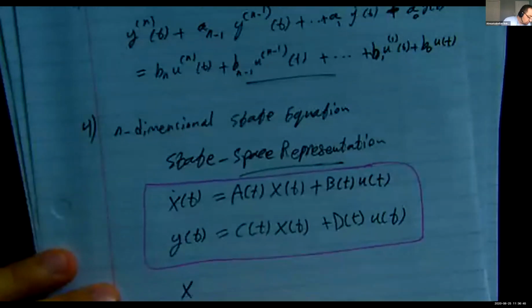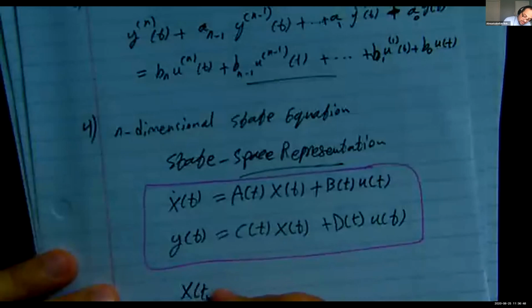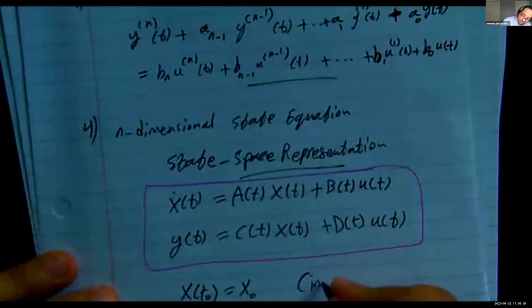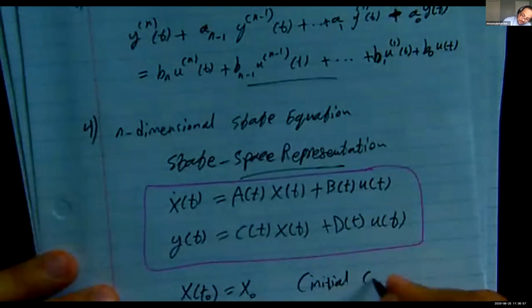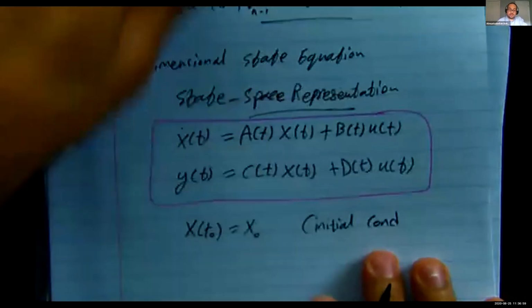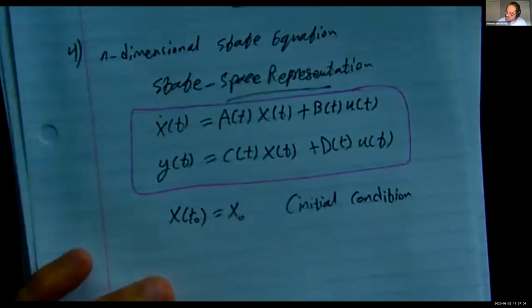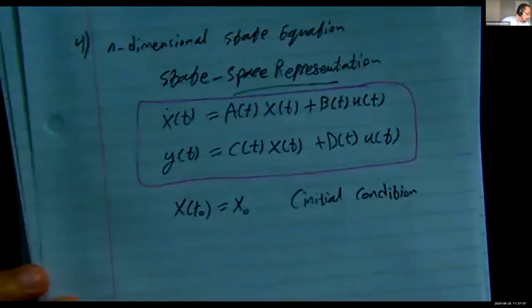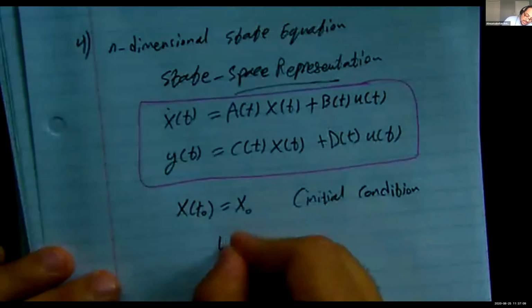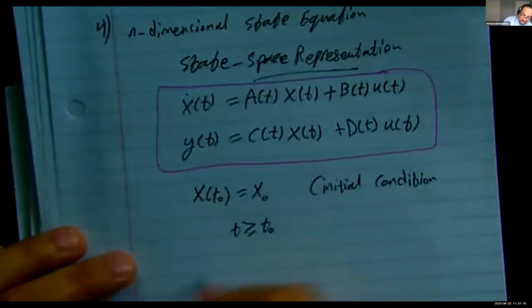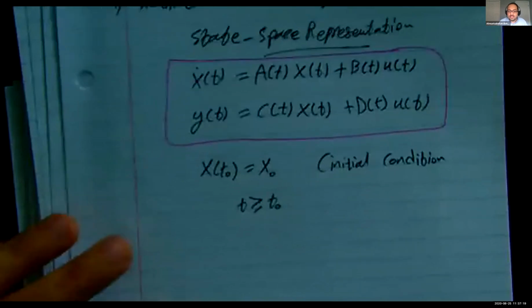Of course, here we need to make sure that we track the initial conditions, x at initial time. We are going to call it x naught or x0. This is the initial condition, and t is larger than or equal to t0. Also make sure that you keep track of the dimension of the state.